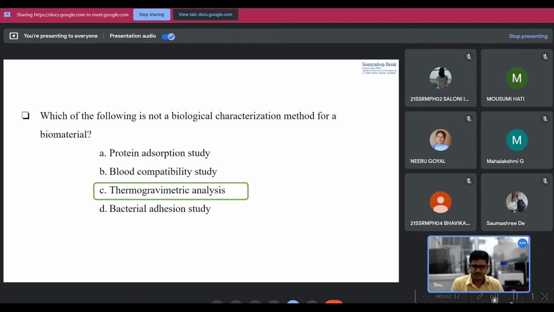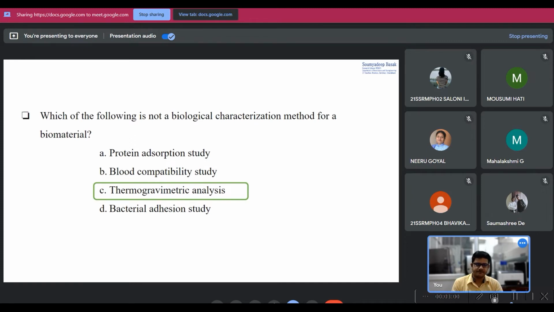It was discussed that with varying temperature, from very low to very high temperature, what weight changes of the sample happen. This TGA analysis is done just to see how the material behaves. So it is not a biological property; it is more of a polymer's physical property measurement technique.